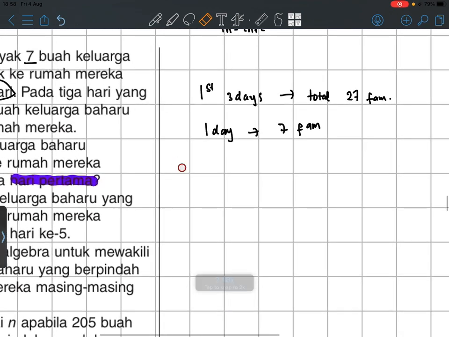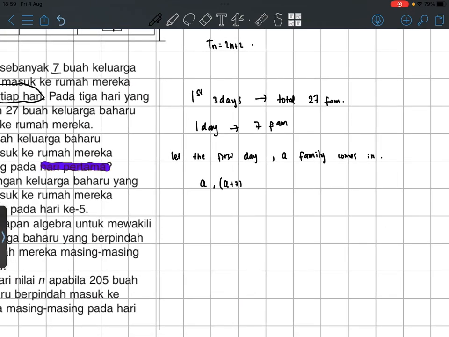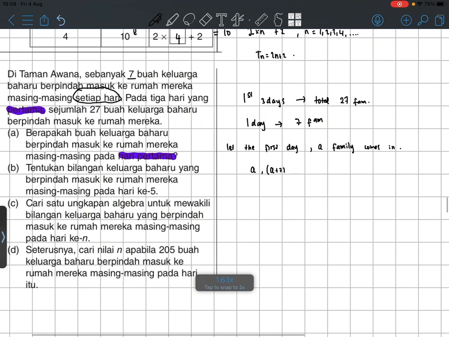So let me let the first day have a number of families coming in. So a is the variable, which means that we have a sequence of numbers as a, a plus 7, because each day the number of families coming in is increasing by 7, right?